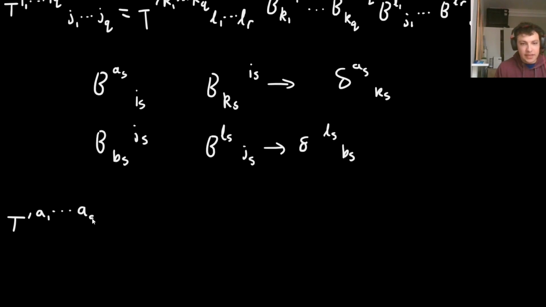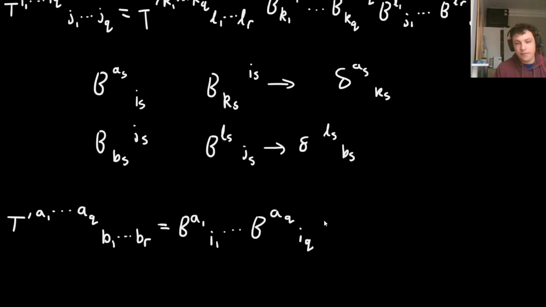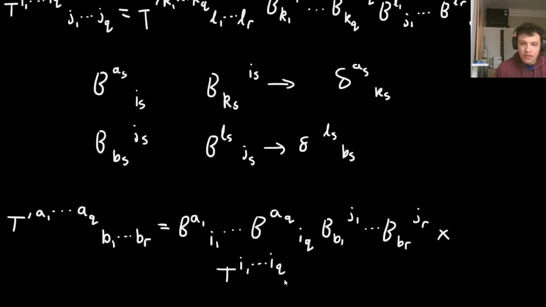And so what we end up with is that the components of a tensor transform as T prime A1 up to AQ, B1 up to BR equals B_{A1}^{I1} up to B_{AQ}^{IQ} times B^{J1}_{B1} up to B^{JR}_{BR} times T^{I1...IQ}_{J1...JR}. That is how the components of a tensor transform.